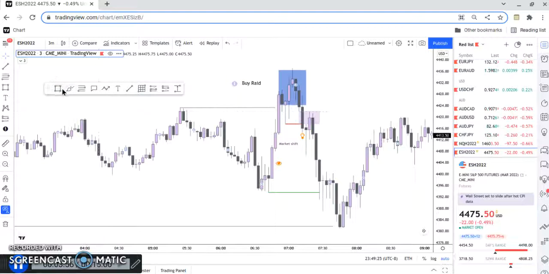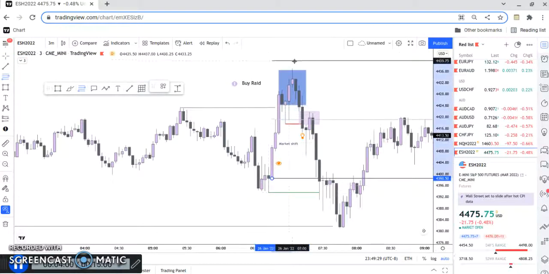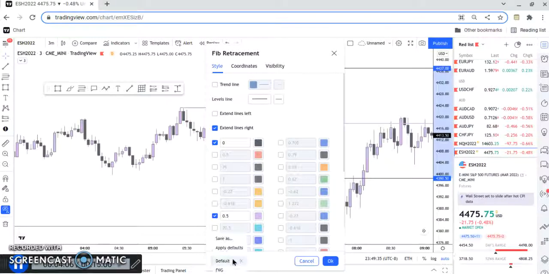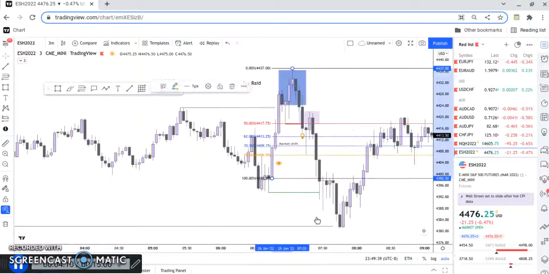So, for example, from this low to this high, we're above the 50. Here's the 50. This is an overbought market, a premium. We're in a premium, which means that we can look for sell opportunities above 50.